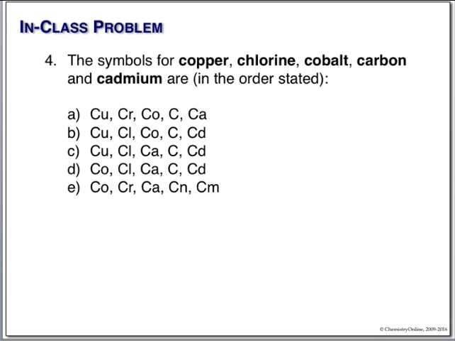It's Cl, isn't it? So we have 3 Cl's here, but that doesn't clarify that. Cobalt, well, we just did cobalt. That was on the previous slide, wasn't it? That's a Co. Carbon, well, we know carbon's a C. Cadmium is a Cd. And B is our correct answer.